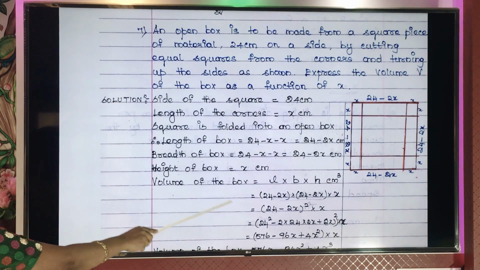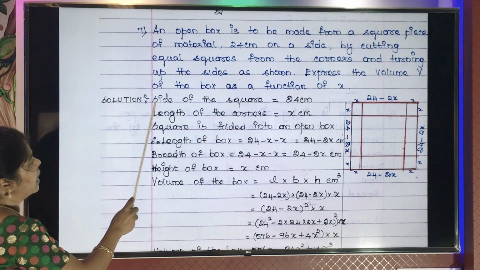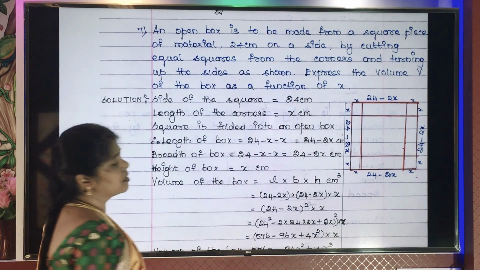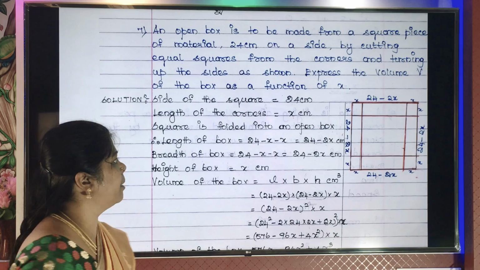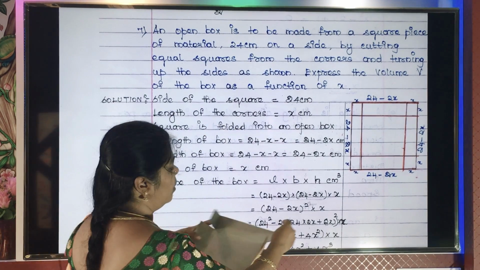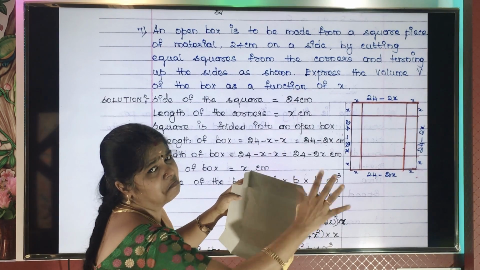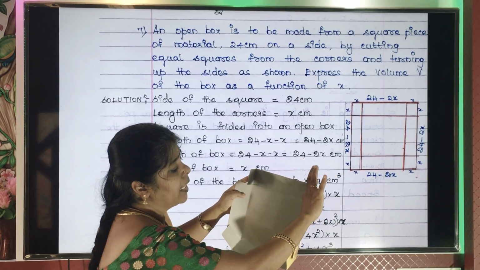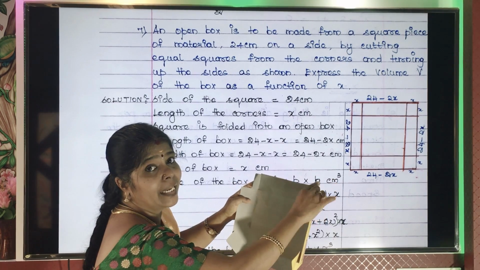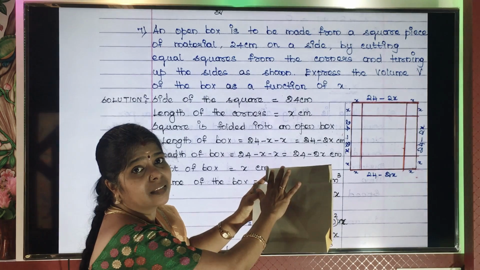Now let me write the information given in the question. What they have told, side of the square. What is the side of the square, Kanna? 24 centimeter. Length of the corners. Do I know what is the length of this corner? Have they told in the sum? They have not told. So let me assume I am cutting x centimeter, same x centimeter on all the 4 sides.